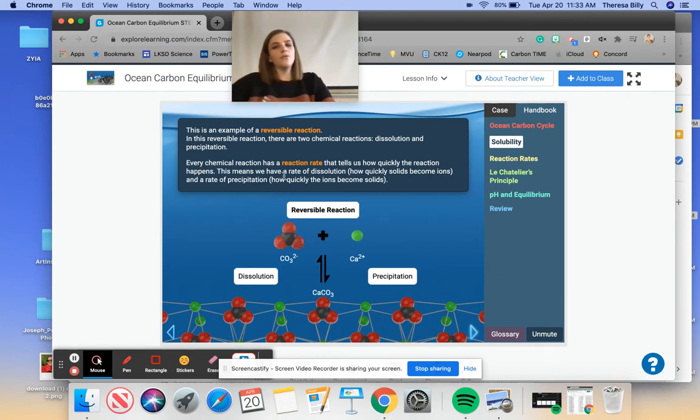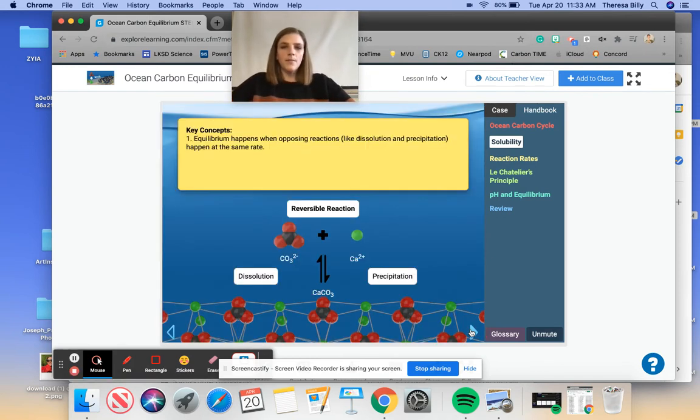This means that we have a rate of dissolution, which means how fast these ions are being formed from the solid calcium carbonate. At the same time, there's a rate of precipitation, which means how fast these ions are able to form solid calcium carbonate. And because it's reversible, there's a forward reaction and a backward reaction happening at the same time. All right.